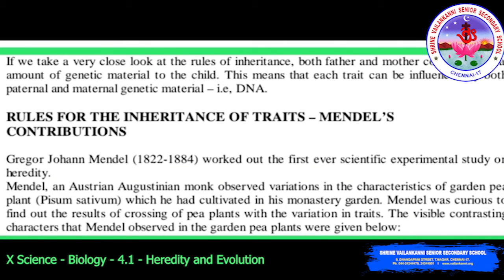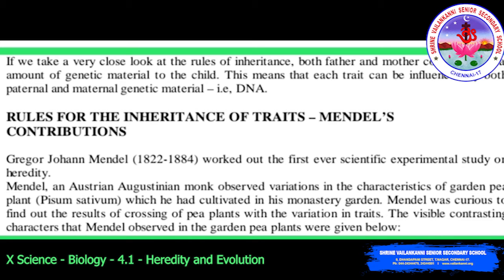If we take a very close look at the rules of inheritance, both father and mother contribute an equal amount of genetic material, that is DNA, to the child. It's not only in Homo sapiens; it refers to all mammals that undergo the reproduction process.